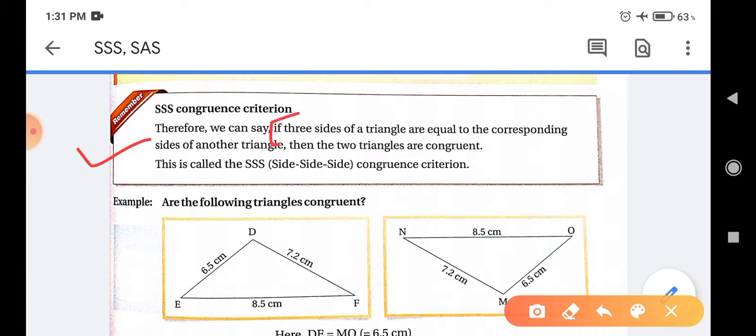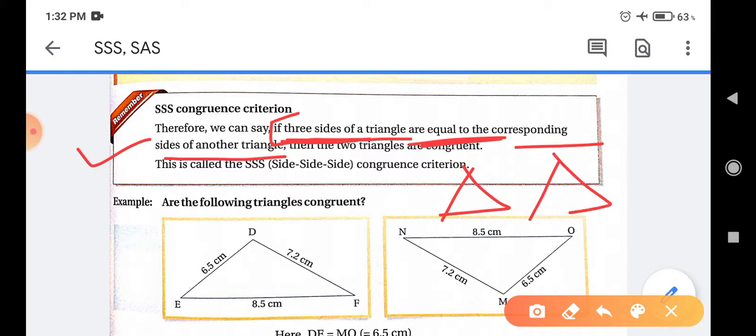If all three sides of one triangle are equal to the corresponding sides of another triangle, then the two triangles are congruent.